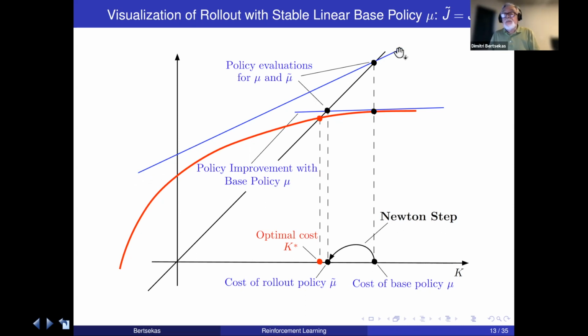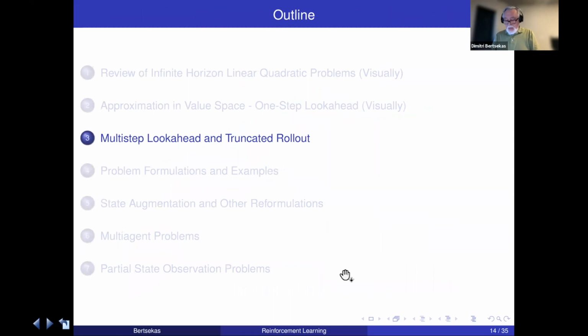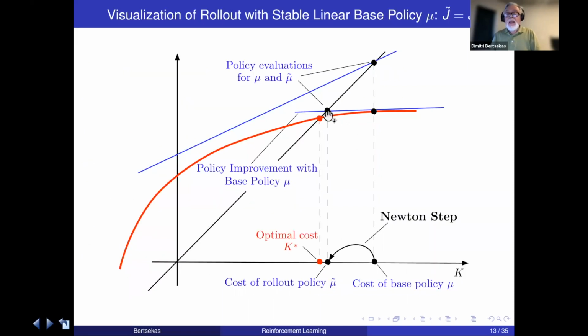A base policy, which is stable, the corresponding cost, and then you get the cost of the new policy, the rollout policy, and it is a Newton step. If you were to do an additional rollout step, that would be similar. You go over here and so on. This is what policy iteration does. But rollout does what you see here. Are there any questions about this figure?